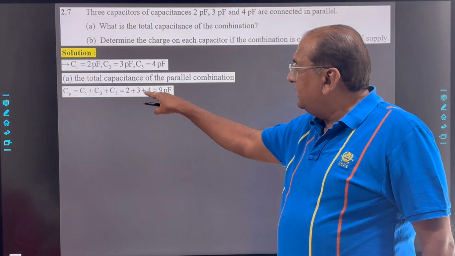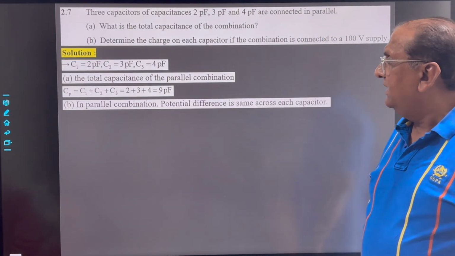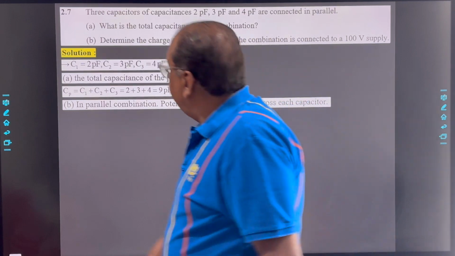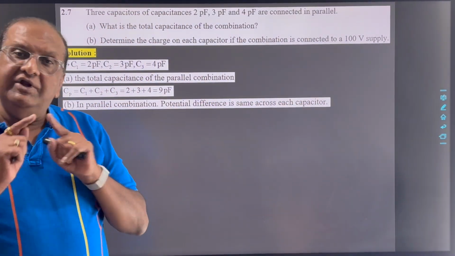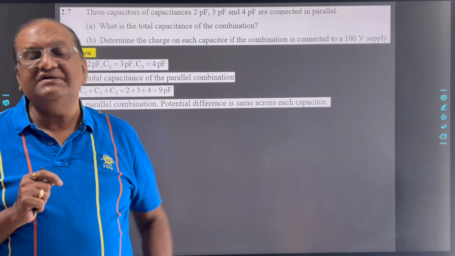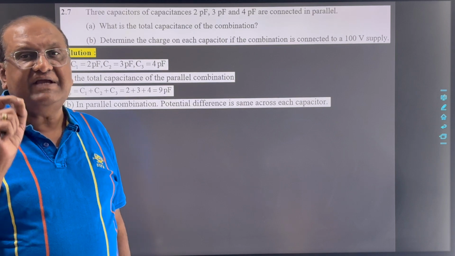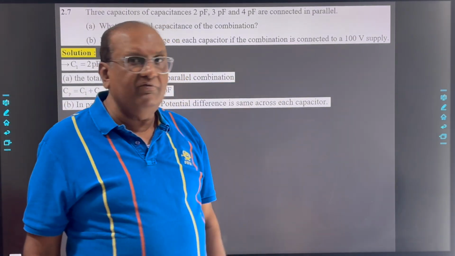So that is 2 plus 3 plus 4, that is 9 picofarad. Now here we have to determine the charge on each capacitor. We know this thing, in parallel combination, the potential difference across each capacitor will remain the same, and that is the 100 volt supply.